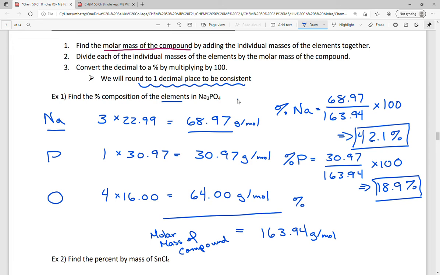The percent that is oxygen would be the 64.00 out of a total of 163.94 grams per mole. Again, rounding to 1 decimal place, not worrying about sig figs, 39.0. And that's how we figure out the percent composition by mass.